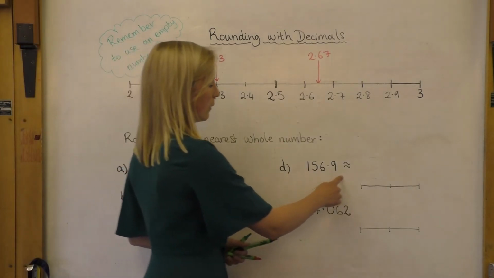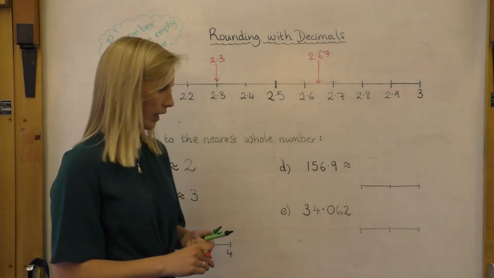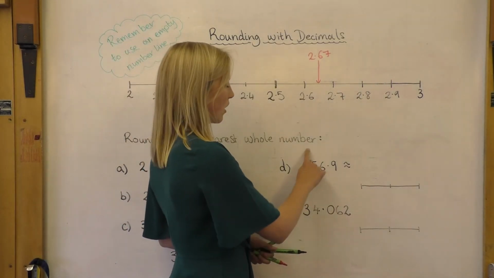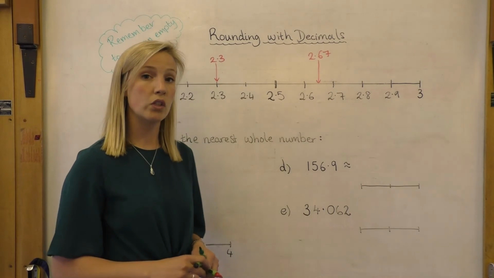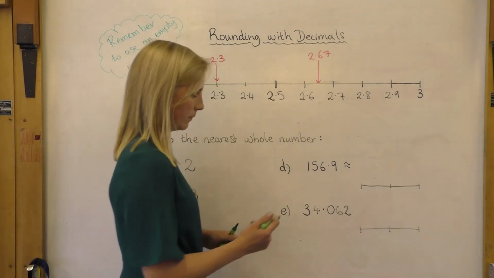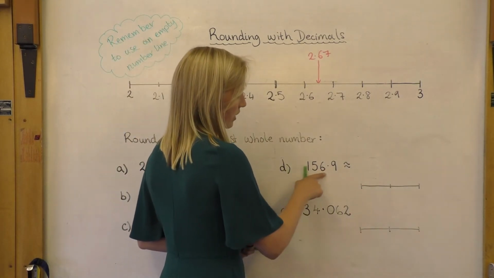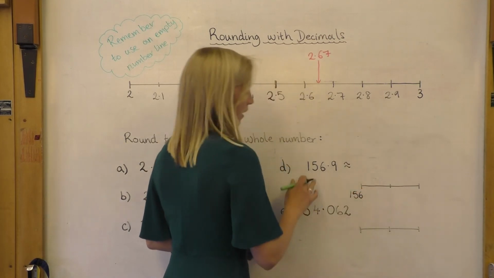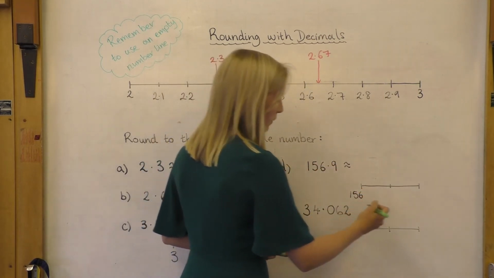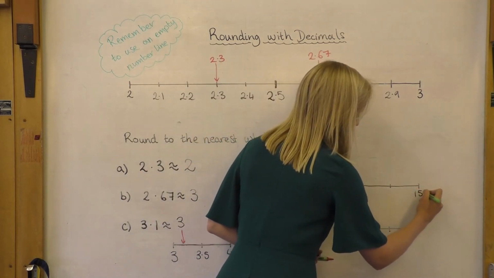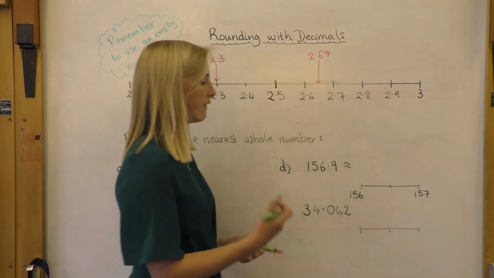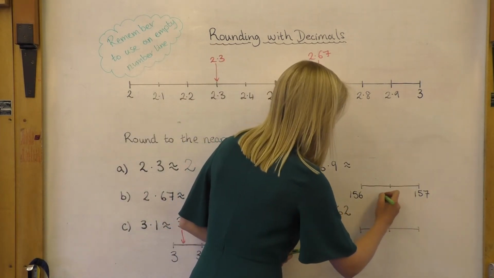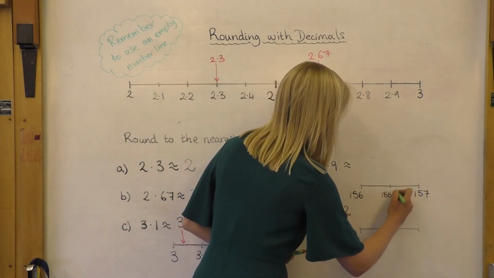What about our number 156.9? Well, what we need to do is figure out what two whole numbers 156.9 lies between. The first one we can just take from the number itself, our 156, and if I count on one more from that, that's going to be our 157. And right in the middle of our 156 and our 157 is our 156.5.